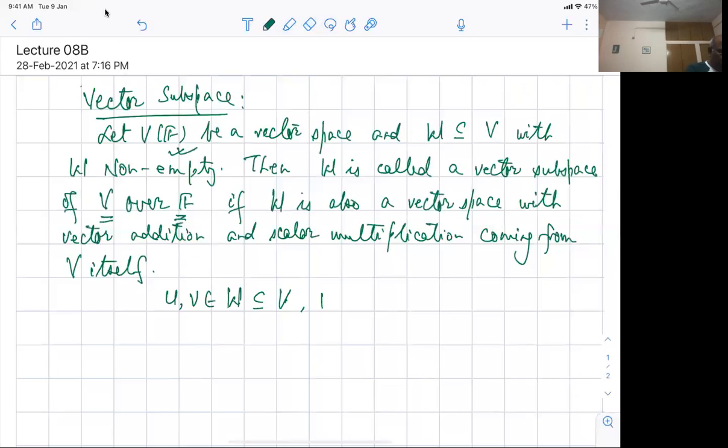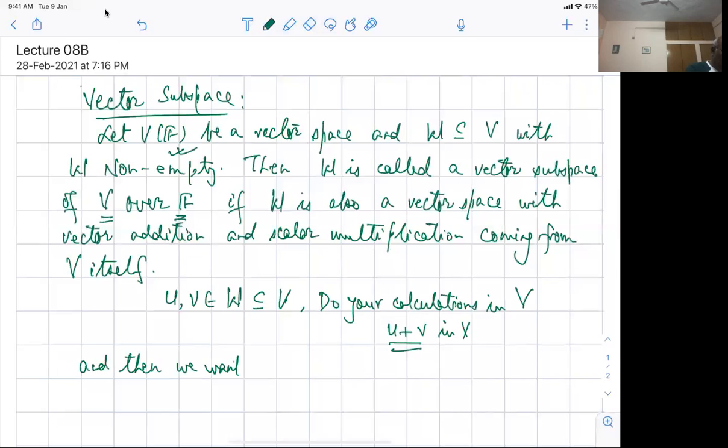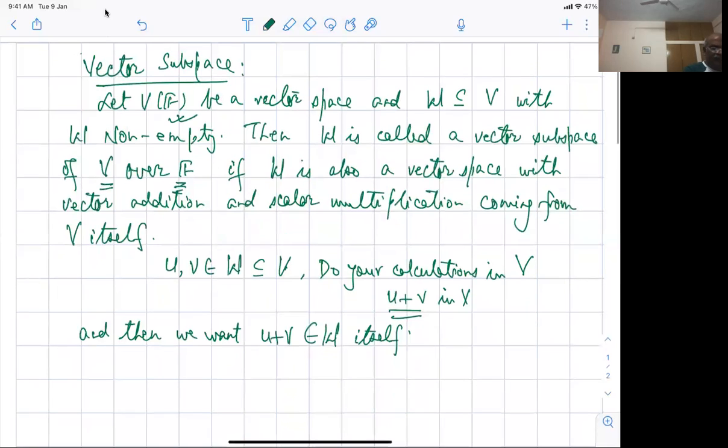So do your calculations in V. So look at U plus V in V, compute it, and then we want U plus V to be an element of W itself. All right. So the calculation that we are doing, vector addition, is in V. We are not doing it anywhere else. The calculation is not supposed to change. I cannot change the rule of vector addition.